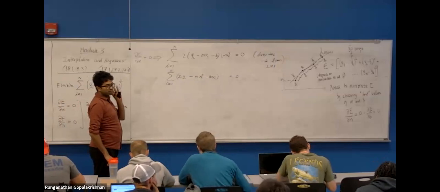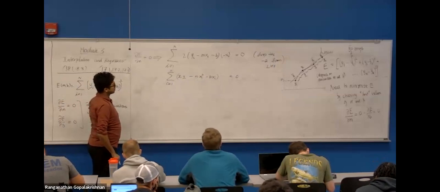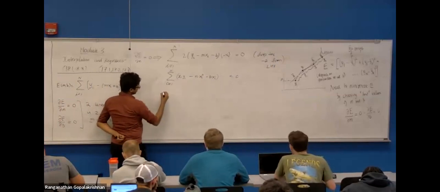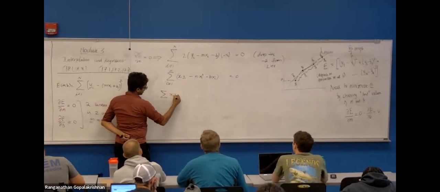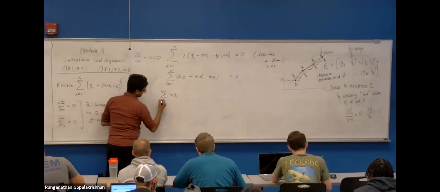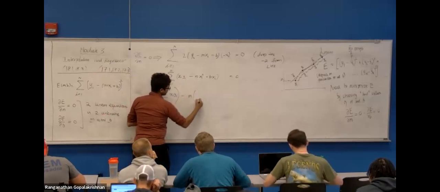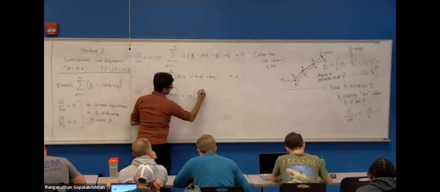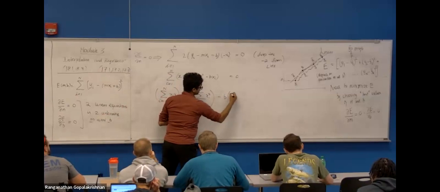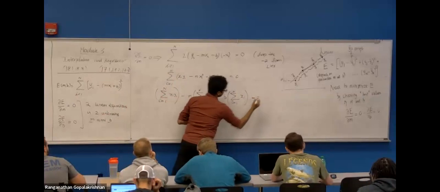Okay, so this is a summation, I'm going to split this and write sigma xi yi, i equal to 1 to n, minus m times sigma i equal to 1 to n xi squared, minus b times sigma i equal to 1 to n xi, equal to 0.